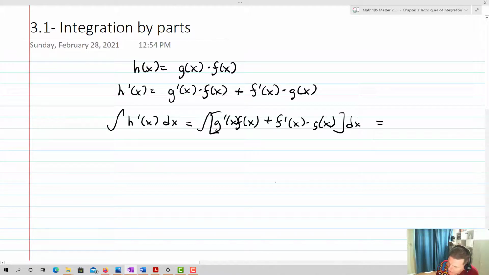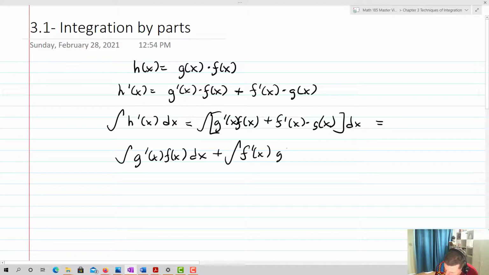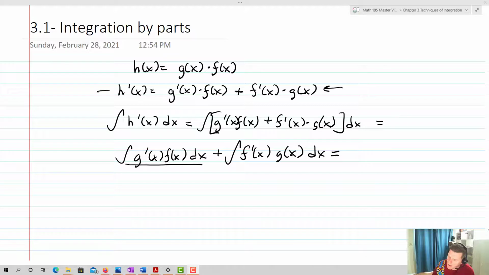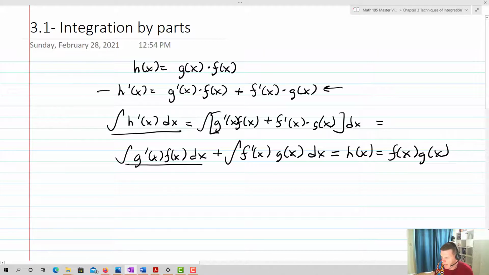We can then separate out the right hand side into the integral of g prime of x f of x dx, plus the integral of f prime of x g of x dx. This is now going to equal h of x, which is just f of x g of x. The reason it's equal to h of x is because we took the integral of h prime of x. Makes sense, right? By the fundamental theorem of calculus, you take the integral of something that you took the derivative of, and you get back to the original function.